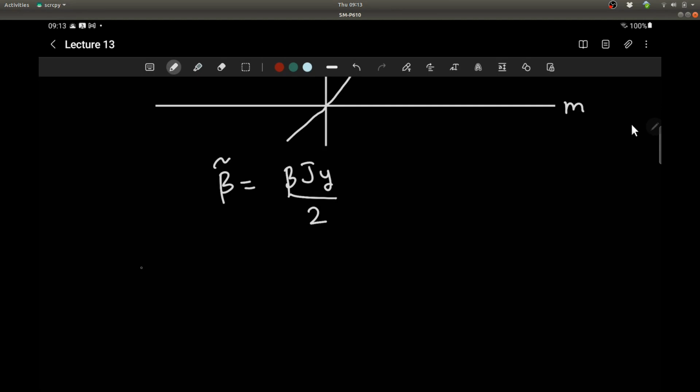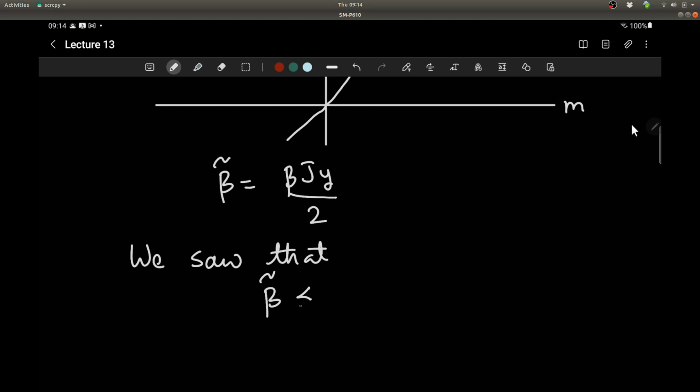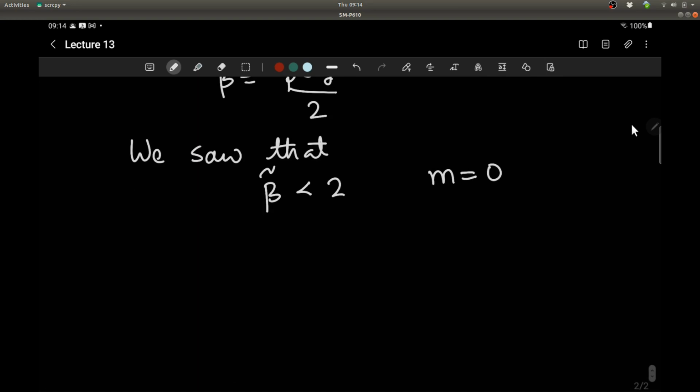We saw that when beta tilde, the slope, is less than or equal to 2, there was only one solution, m equal to 0. Okay.